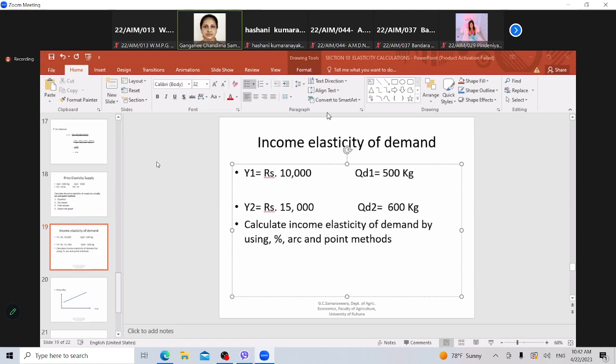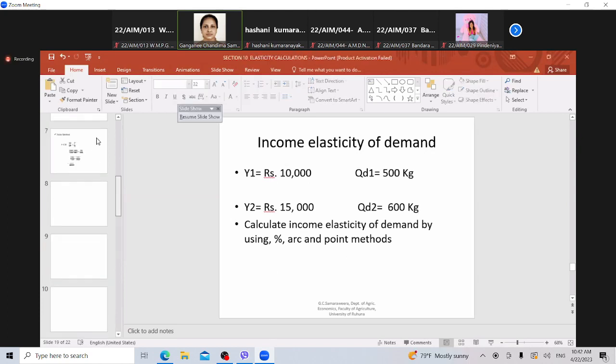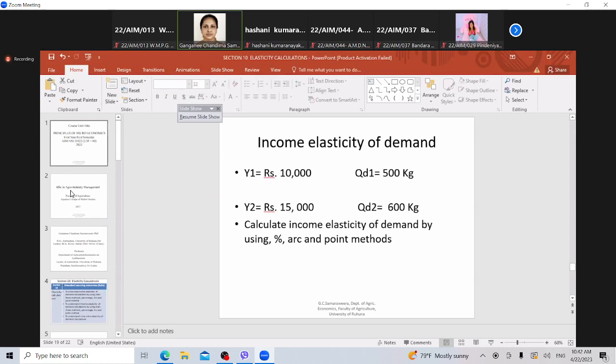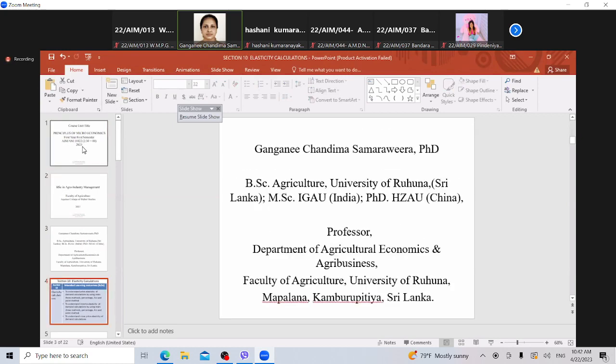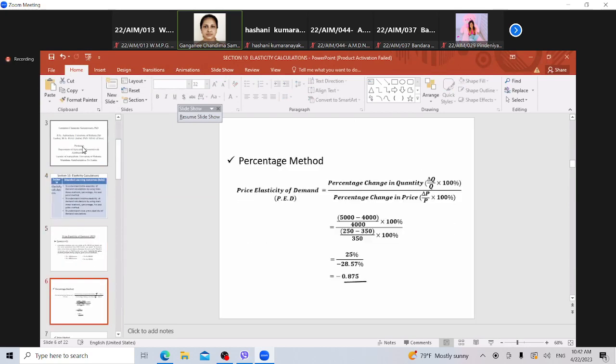Okay, very good. So today we learned all this, and basically then calculate. You try to calculate these two as well by yourself. Now I think you all know what the main calculations are, especially in the case of price elasticity of demand.